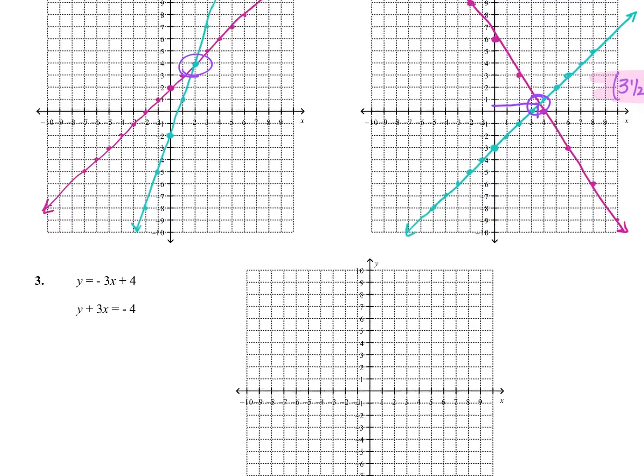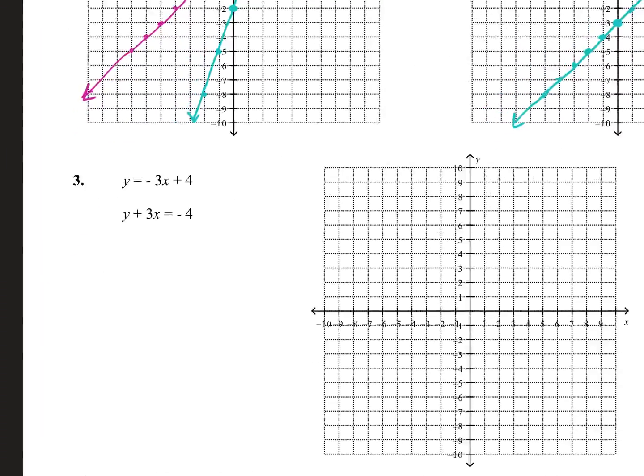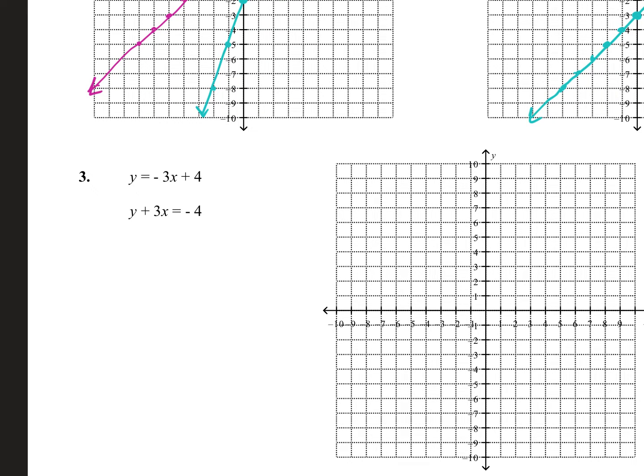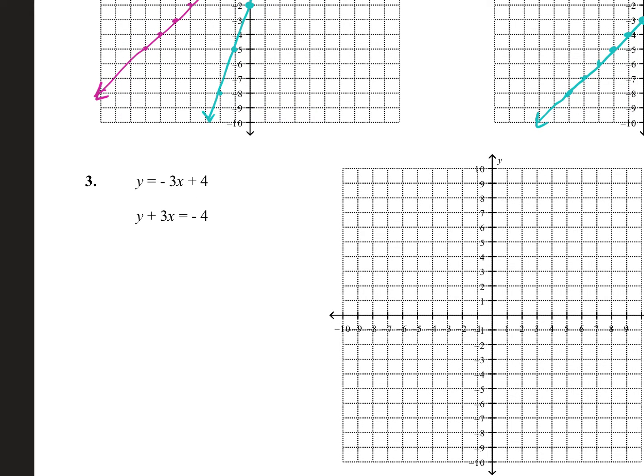For number 3, we're given y is equal to negative 3x plus 4, and y plus 3x is equal to negative 4. For this first one, you have an ordered pair of 0, 4, and a slope of negative 3, or negative 3 over 1. So we're going to go down 3 to the right 1. 0, 4 is here.